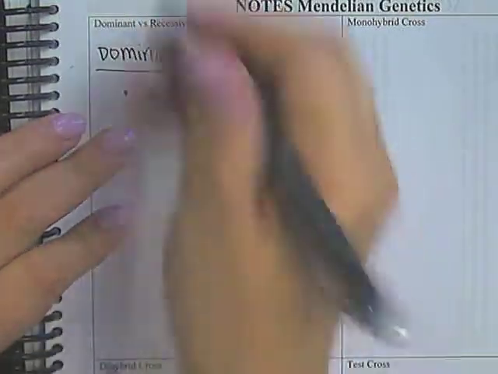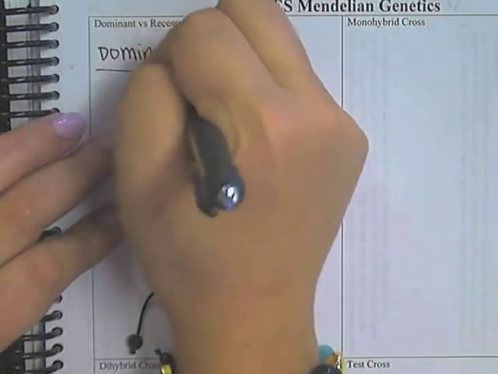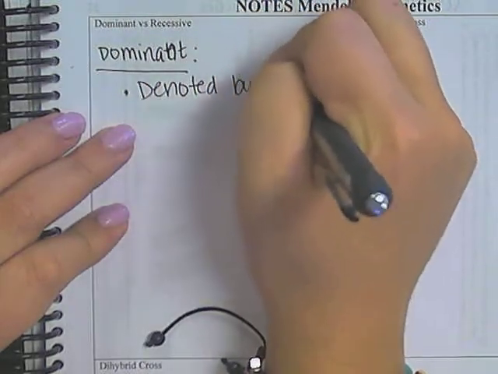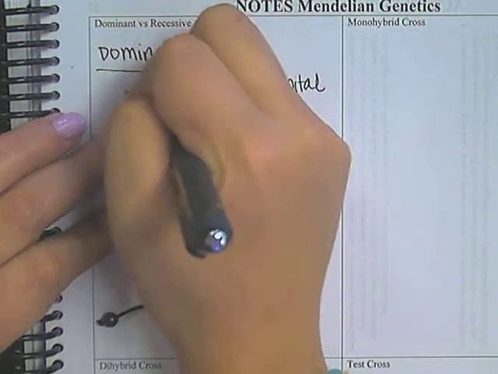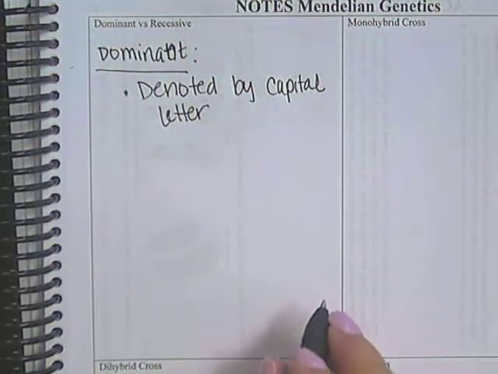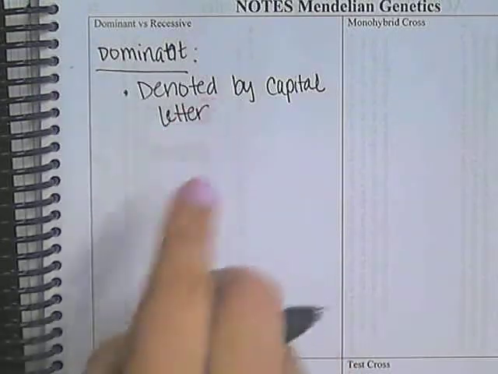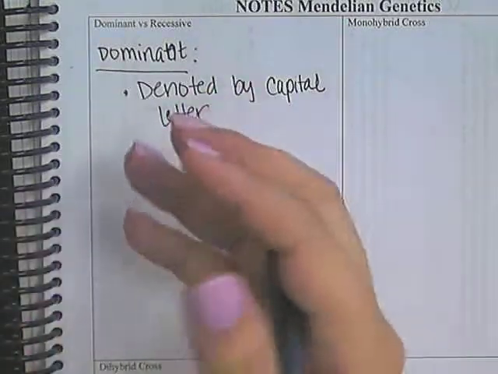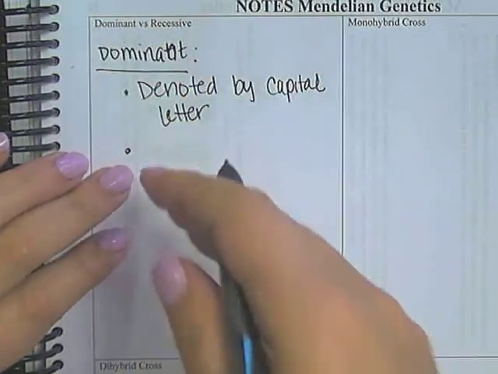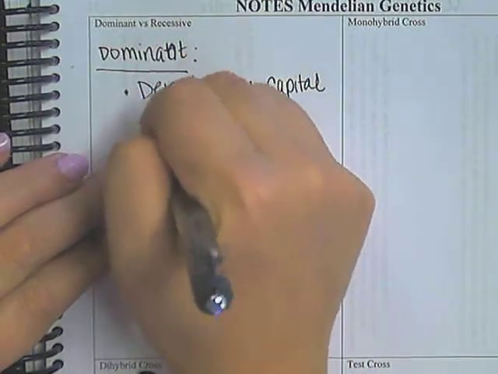So first of all, with your dominant trait, you do need to note that it is denoted by a capital letter. And when you're doing this, understand that the reason why something will be dominant is because it masks the recessive traits.